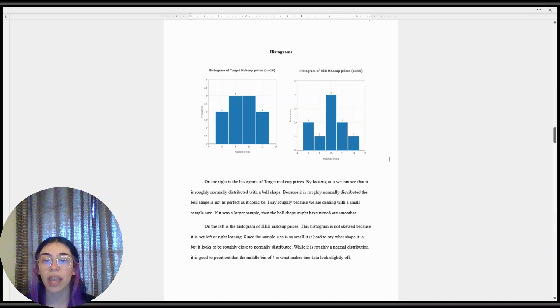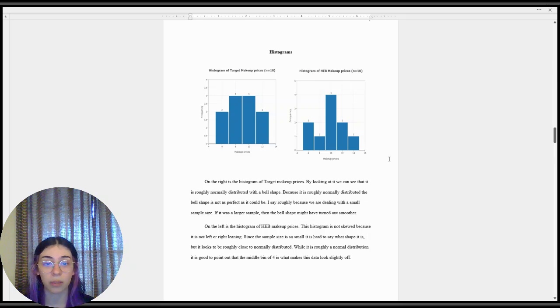So on the left, we have a histogram for Target's makeup prices, and on the right, we have a histogram for H-E-B's makeup prices. When looking at both of these, you can see that they are both roughly normally distributed. Target's is more symmetrical and it has a bell-shaped curve.